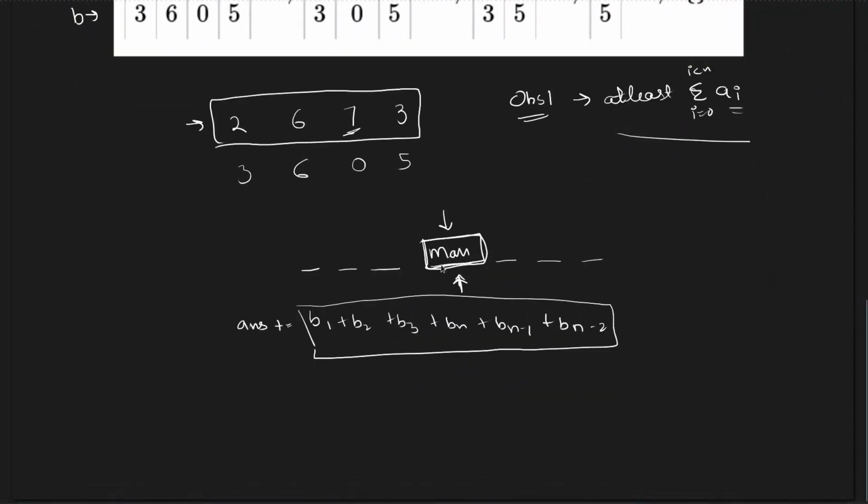Now let me say we have some elements A1, A2, A3, A4, A5. There is some value k. In the first stage, Alice will have to choose some element from this array such that it is less than or equal to k.